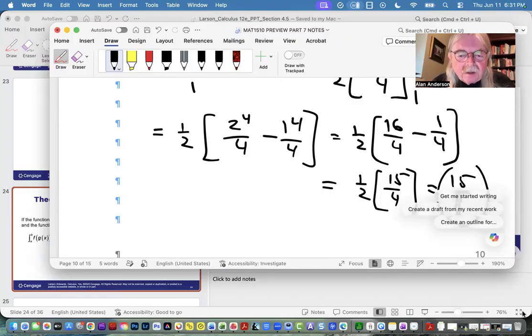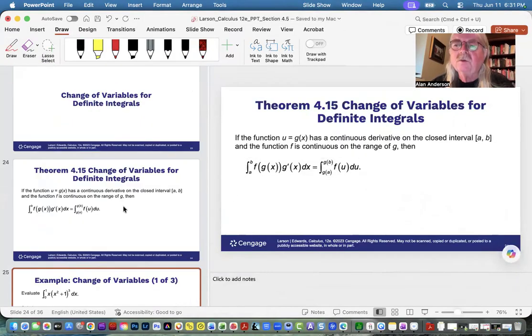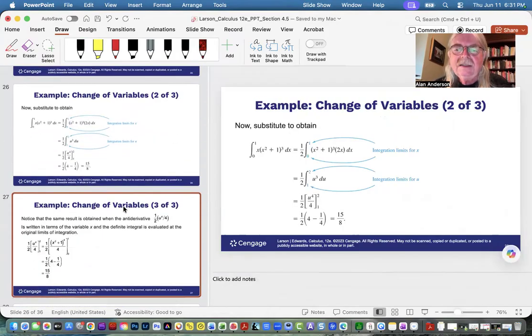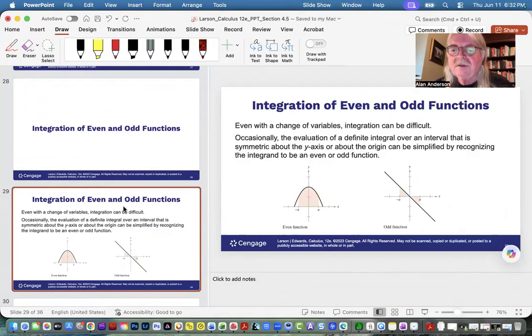Now, at this part of the chapter, they're going to show us a couple of interesting things. Special rules for special circumstances. For example, you may recall the concept of odd and even functions. All right, let's just quickly review that.